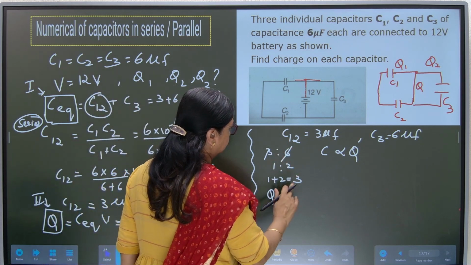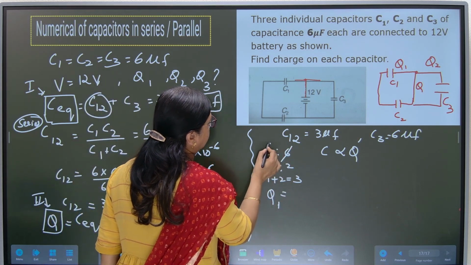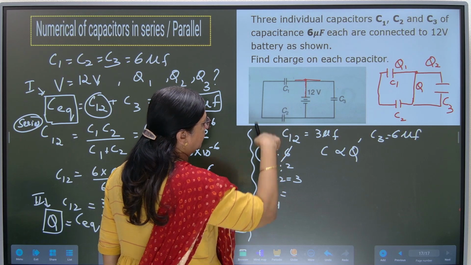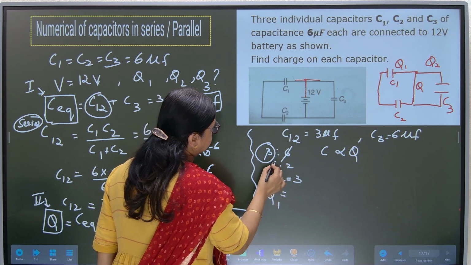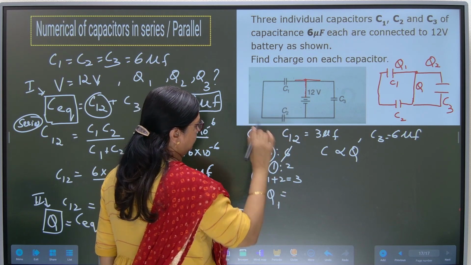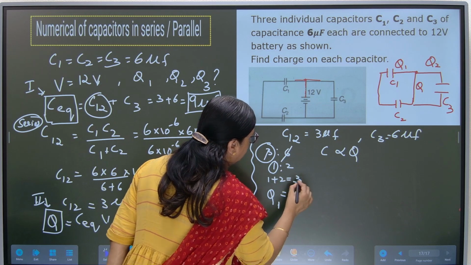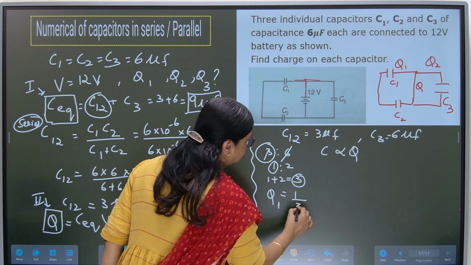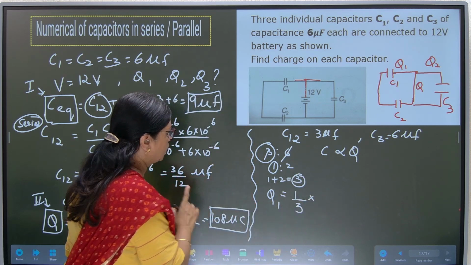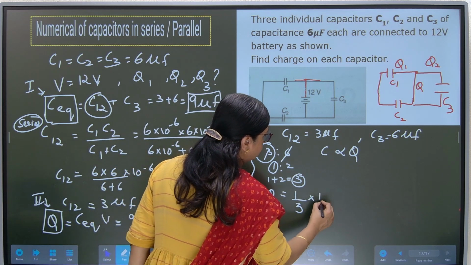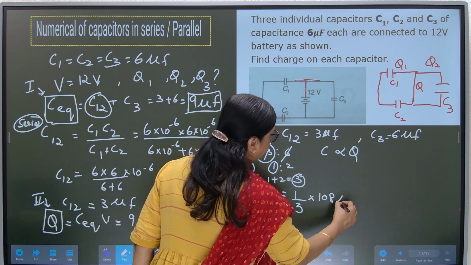So Q1, this was the charge of the Q1 part. So this is the ratio of the Q1 part. One part on the total 3 parts, multiplied by the total charge, how much? 108 microcoulomb.